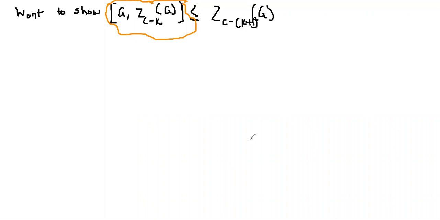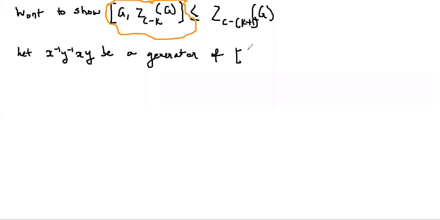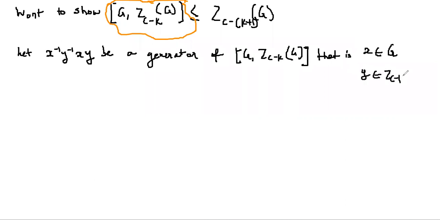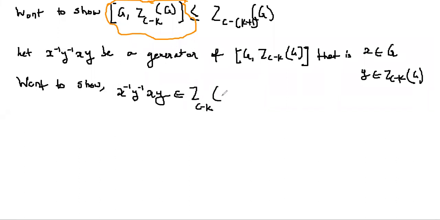So let x inverse y inverse x y be a generator of the commutator subgroup of G and Z_{c-k} G, that is, x is an element of G and y is an element of Z_{c-k} G. I want to show that x inverse y inverse x y is in Z_{c-(k+1)} G.